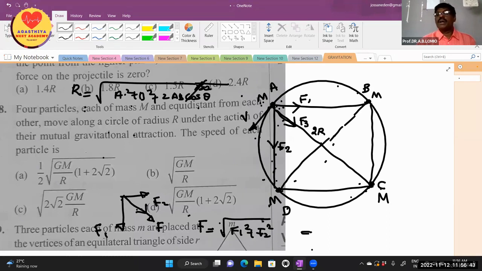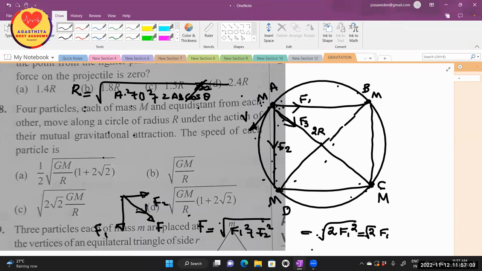Therefore, we take the root, and it becomes F1. Understand, students?